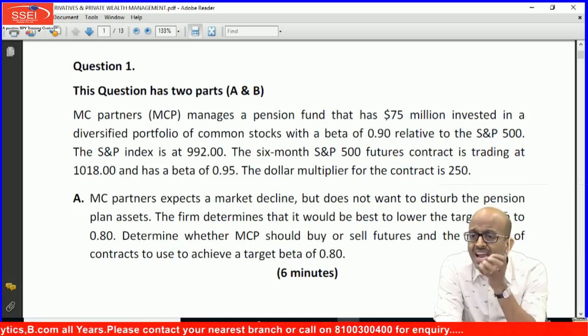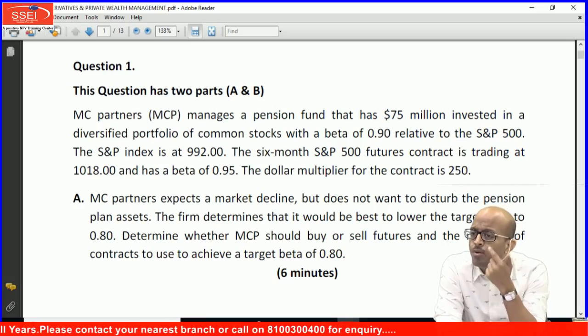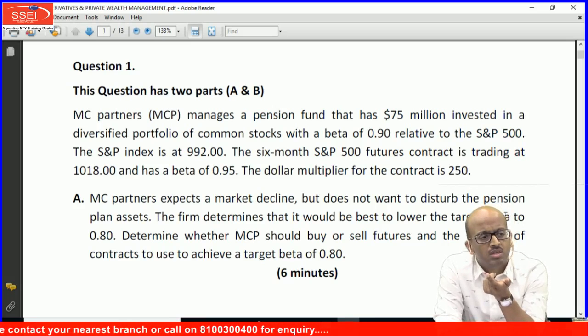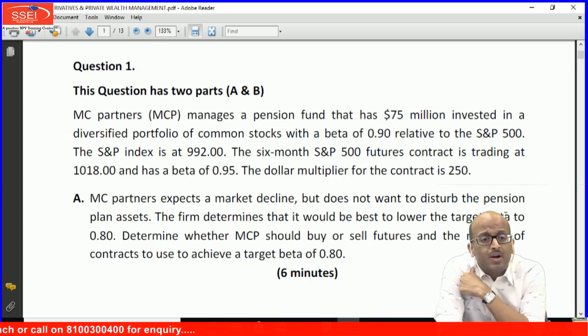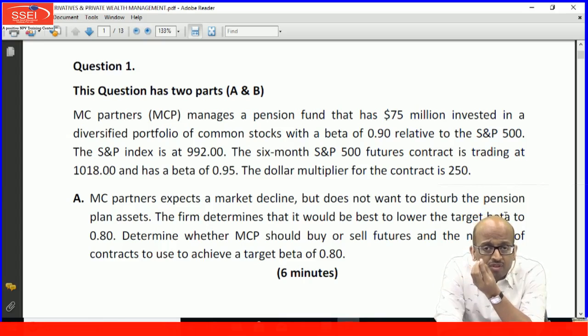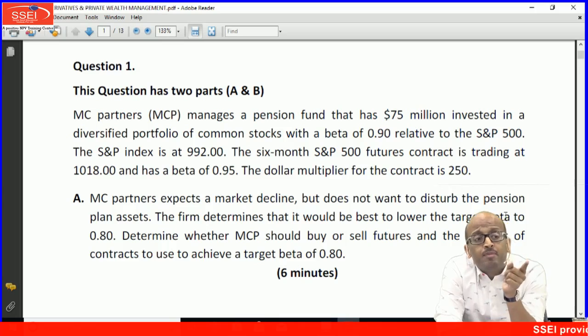The futures have a beta of 0.95, so my short position is 1018 into 250 into 0.95, which is 241,775 for one contract.